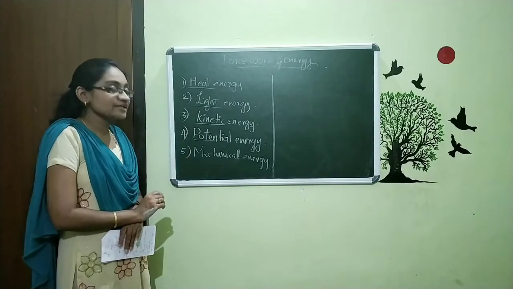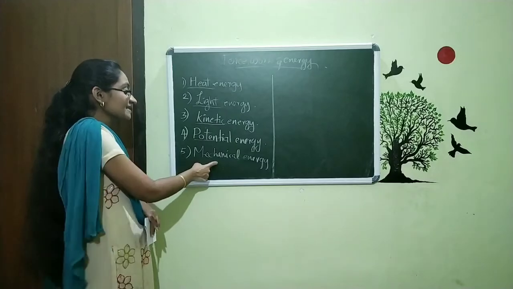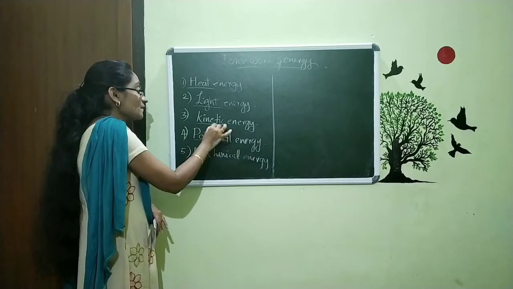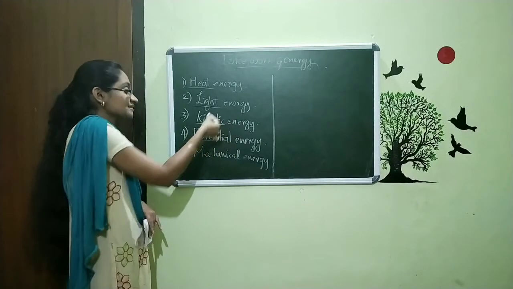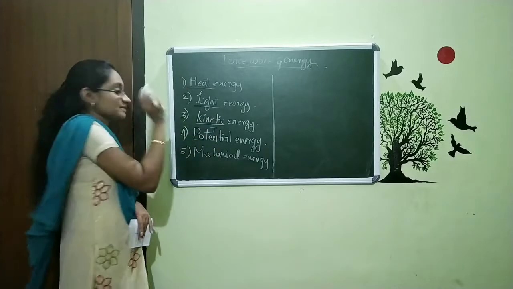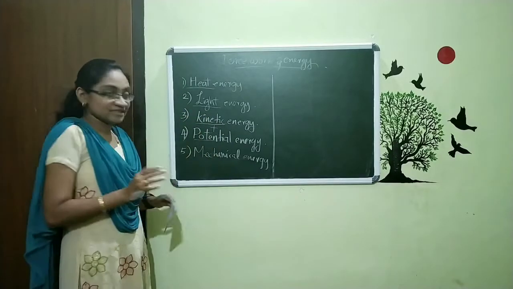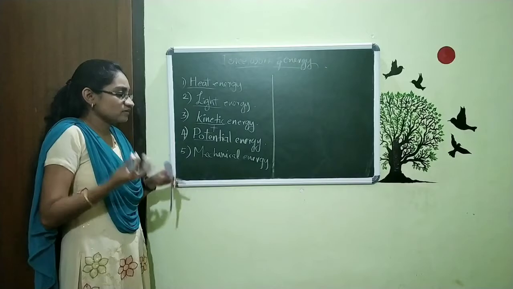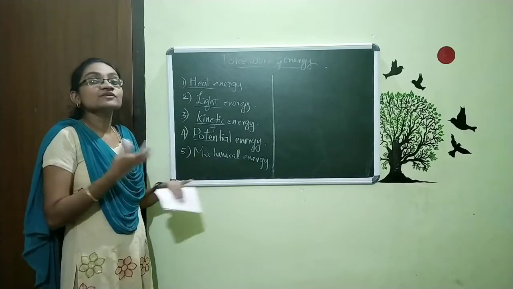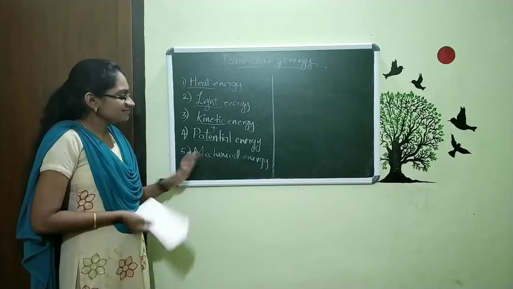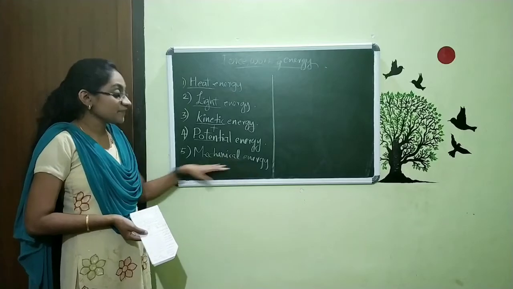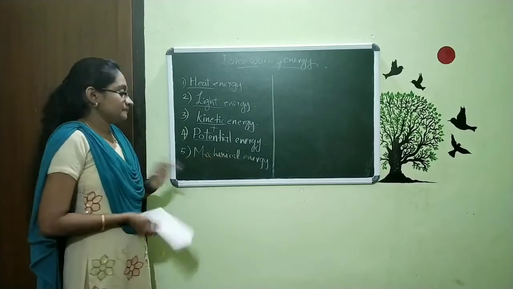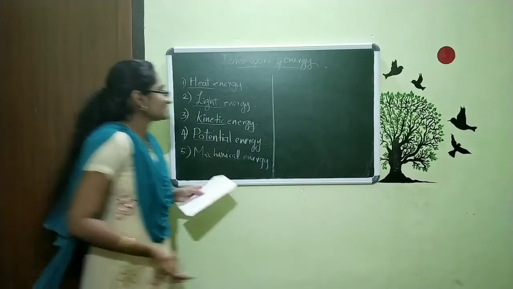That means we can say mechanical energy is the sum of potential energy and kinetic energy, where both the movement and the position are there. So just remember the term first, mechanical energy, that is the fifth one.